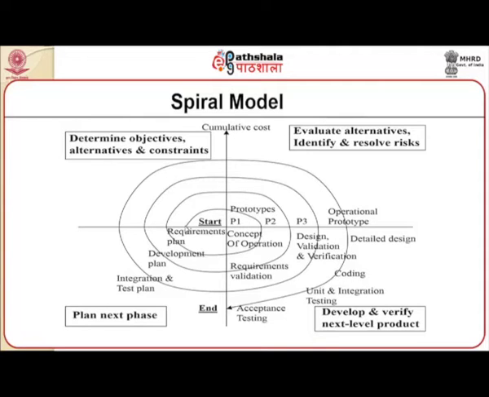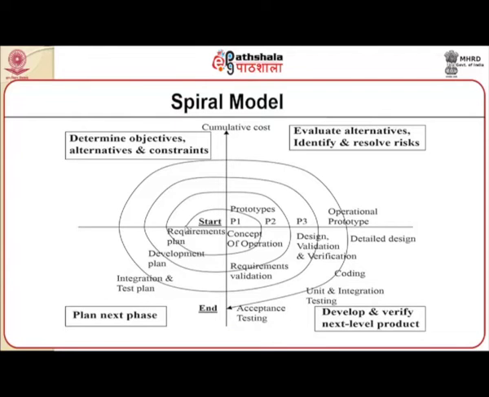And if you look at the entire structure, the proof of concept, requirements planning, design and validation, verification, detailed design, coding, testing aspects are only 25% of the overall development. That is at phase 3. If I involve all 4 phases, only 25% of the time I will be talking about development and verification. The rest of the time I will be either concentrating on the risk or on the development of a prototype by looking at the various alternatives.